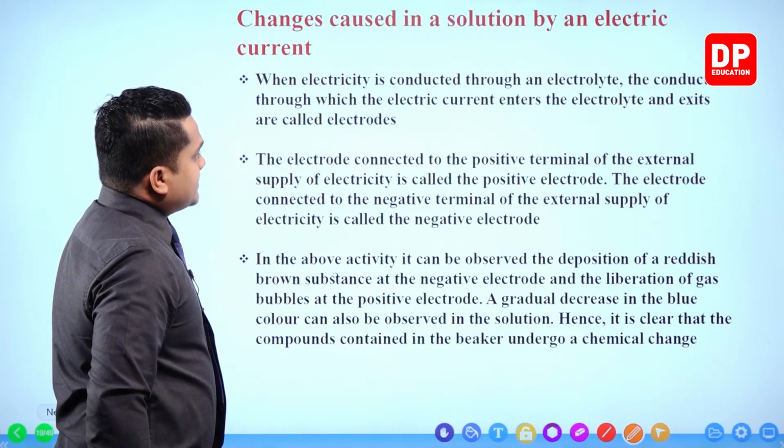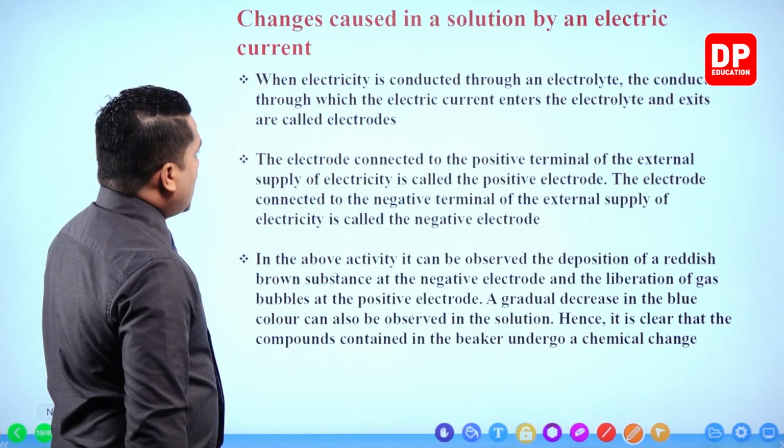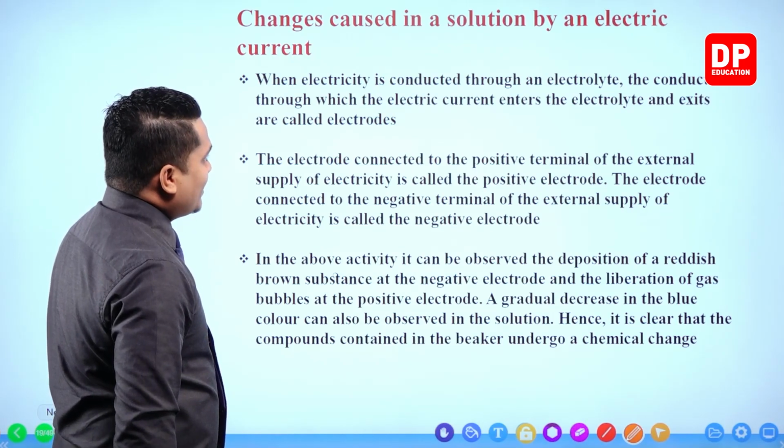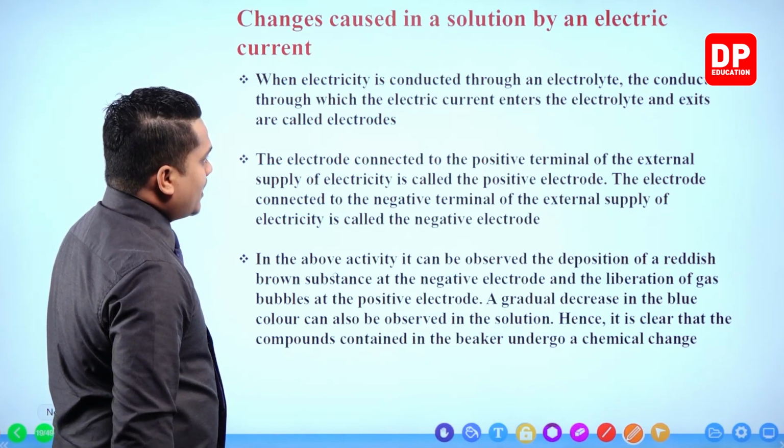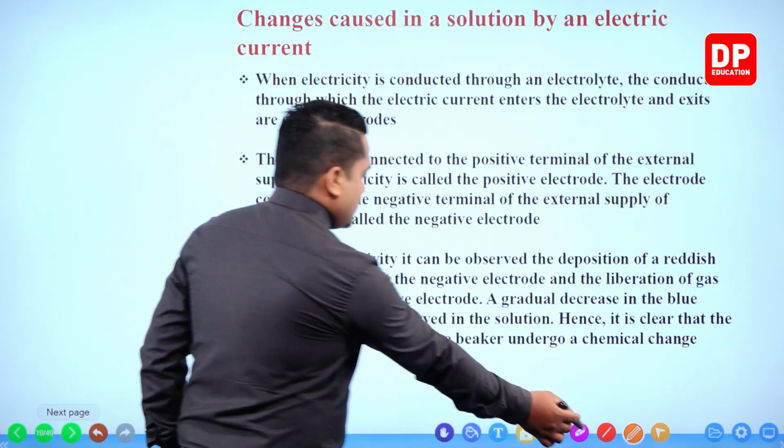When electricity is conducted through an electrolyte, the conductors through which the electric current enters the electrolyte and exits are called electrodes.